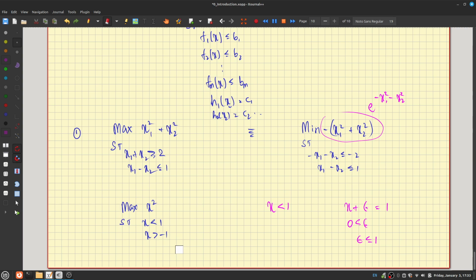So therefore, the maximum is not defined. The supremum is defined, but the maximum is not defined. As we'll see later, one of the reasons is that the set that these constraints define is an open set. It is not a closed set.